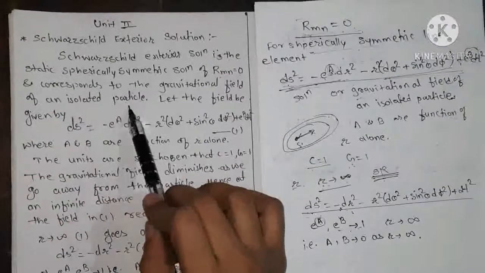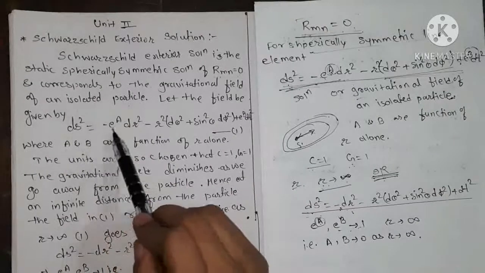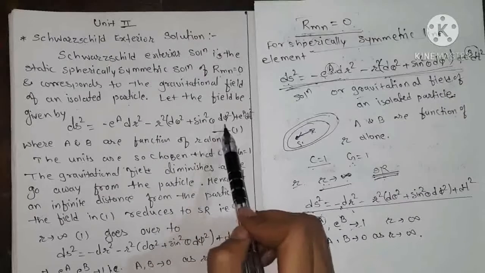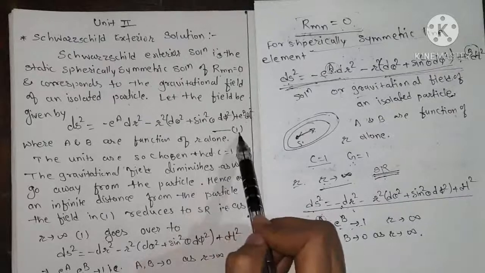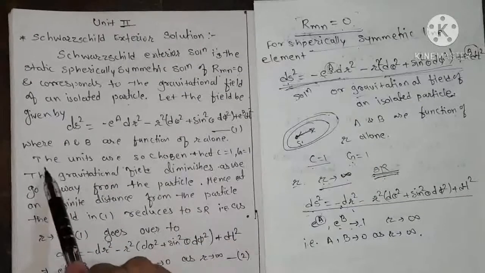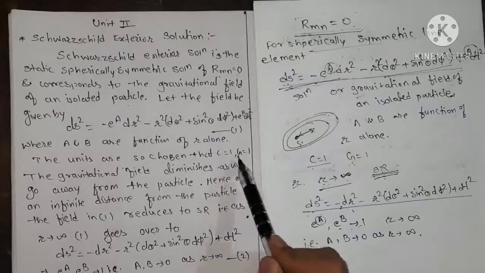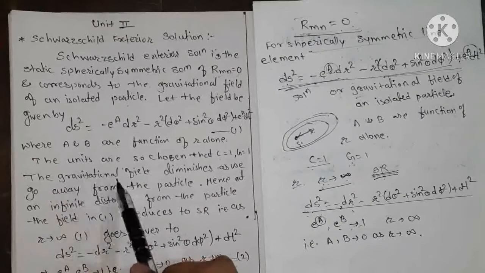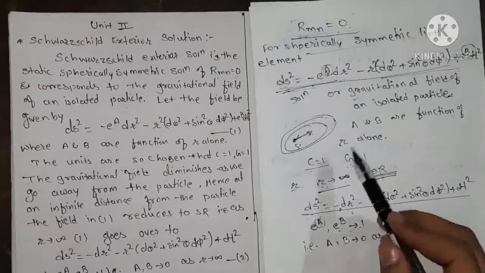We write this in terms of the line element as ds square equals minus e to the power a dr square minus r square (d theta square plus sine square theta d phi square) plus e to the power b dt square. We give this as equation number 1, where a and b are functions of r alone, and we have chosen units c equals 1 and G equals 1.